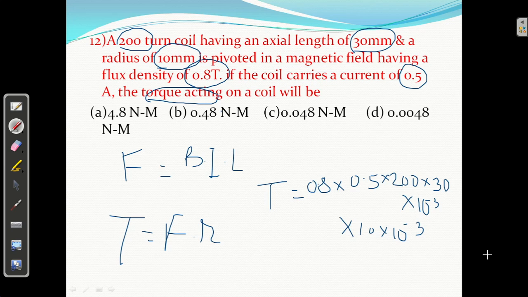Just wait, something is wrong. 0.8 into 0.5 into 200 into 30. That is our correct answer, it is not coming.